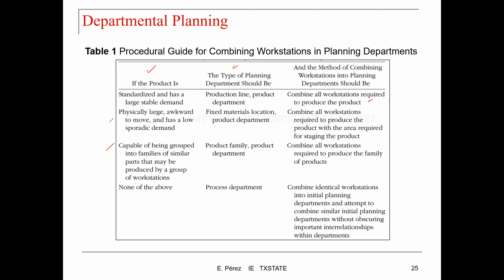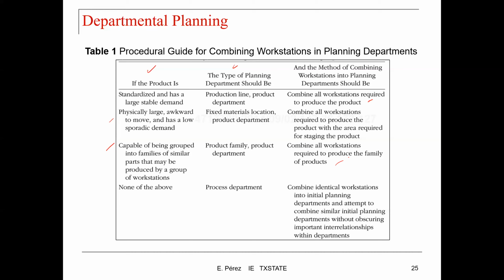Then if the product is capable of being grouped into families of similar parts that may be produced by a group of workstations, like the cell phones, Samsung example, product family or product departments is the type of planning department that should be used, and the method of combining workstations into the planning department should be to combine all the workstations required to produce the family of products.